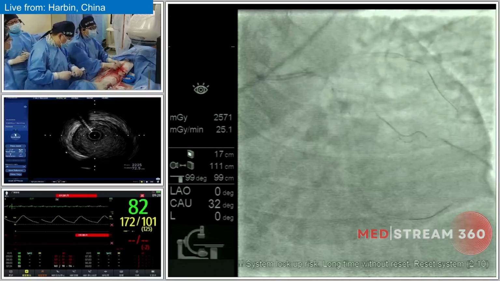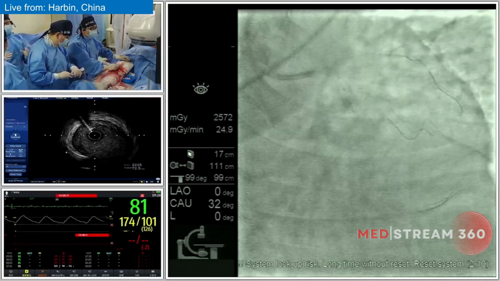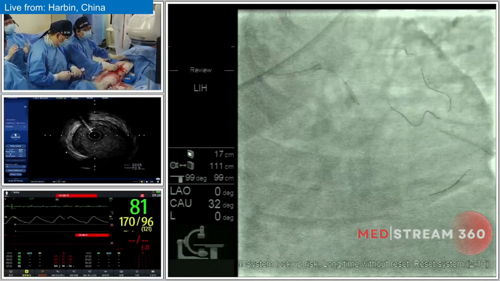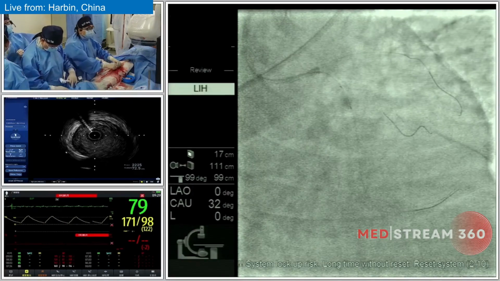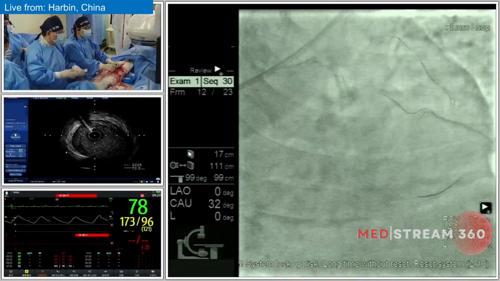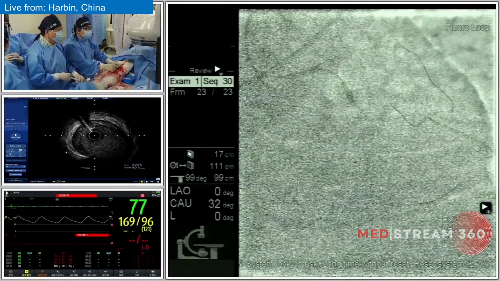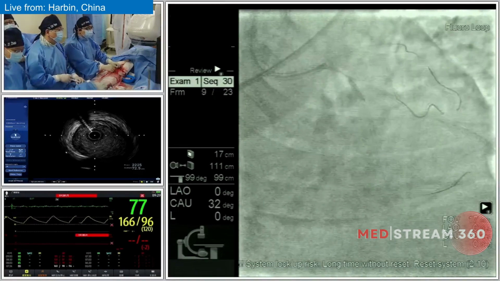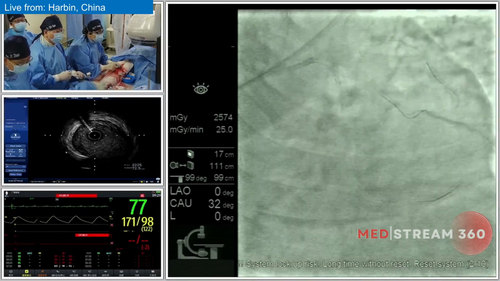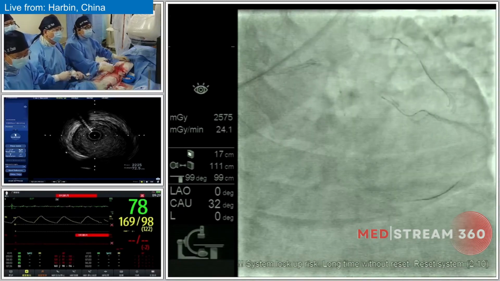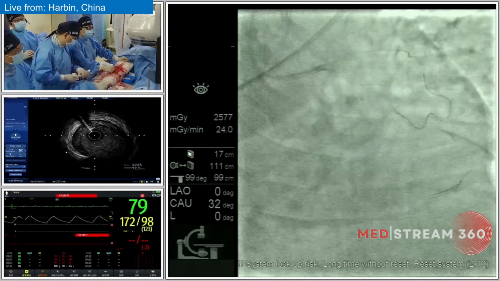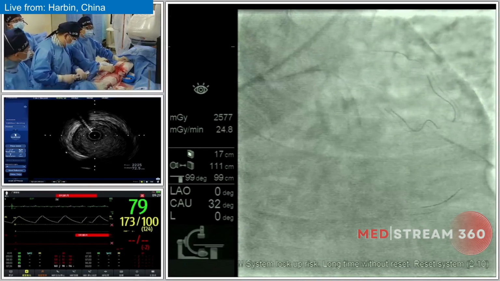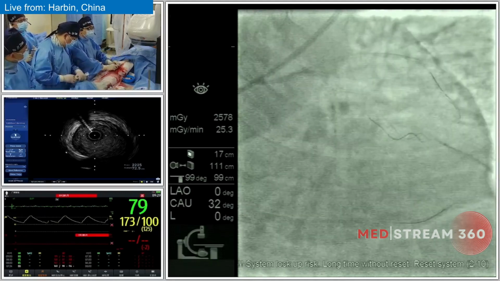Dr. Zhao, when people deal with the CTO lesion, when they try to use the antegrade approach, sometimes if the first wire goes into the subintimal space, they may use the parallel wiring technique. So can you share with us about that technique? Yeah. The parallel wiring is a very useful method in the CTO PCI, especially in the antegrade CTO PCI.